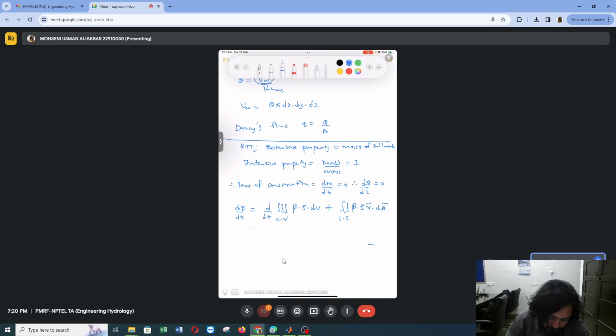Now we know that the left hand side term, dB by dt, is 0 here. We also know that beta, the intensive property, is 1. So instead of beta we are going to write 1. So this will become rho dV and this will become rho v dot dA. So let us name this equation as equation 1, right?